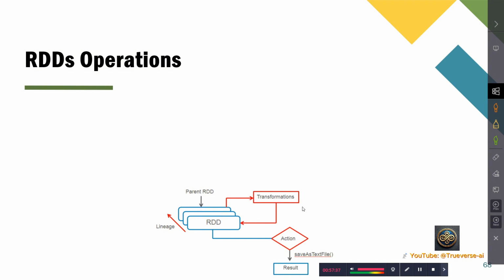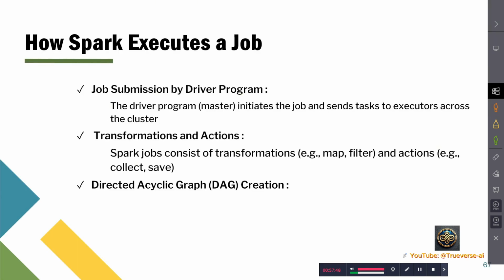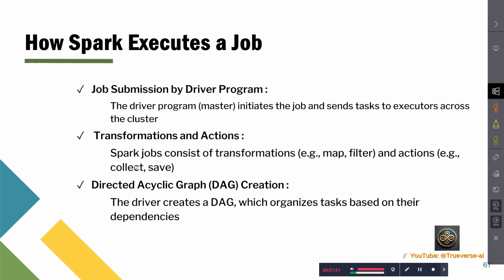So we define many functions here, which are kept as a backup until you do an action. You can see a Spark job consists of tasks. For example, you want to do some sales managing. You have some transforms, meaning map and filter, and actions, meaning collect. So every RDD job includes these two parts.